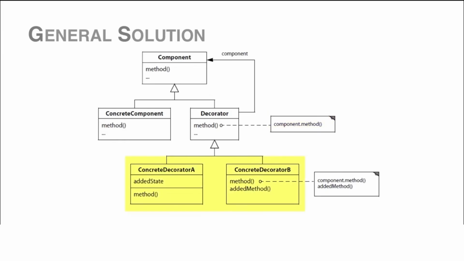Then we have various concrete decorators that implement some specific behavior. And you see in the method of the concrete decorator, we are perhaps doing our own special method and then forward to the component. Or maybe we decide that we need to do something before we forward to the next component and after we have forwarded to the next component. This allows us to add behavior.